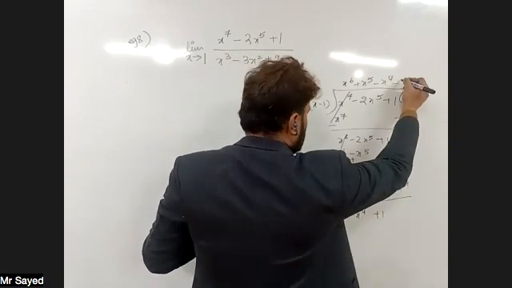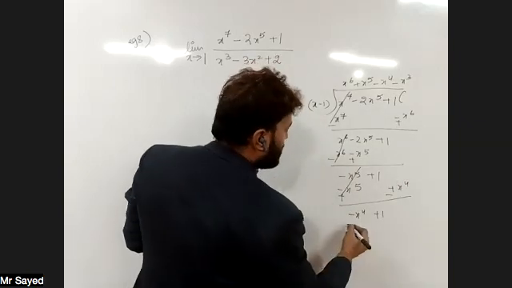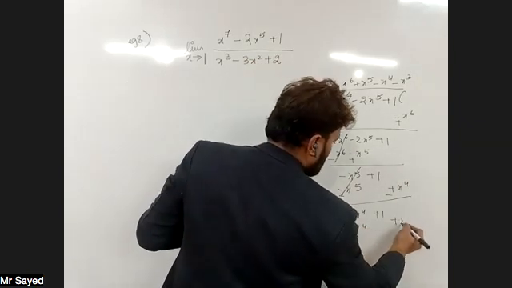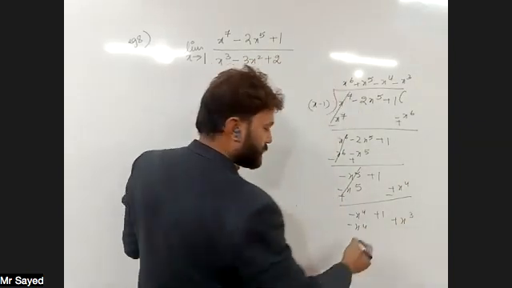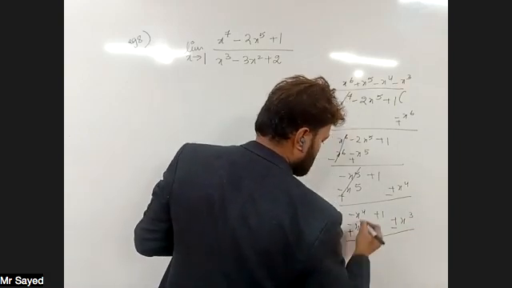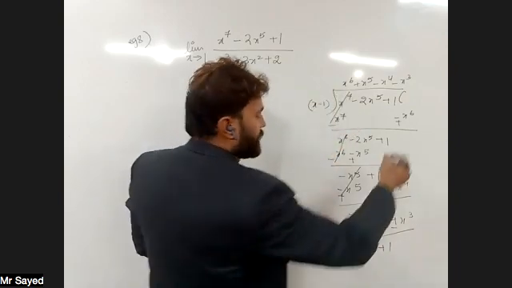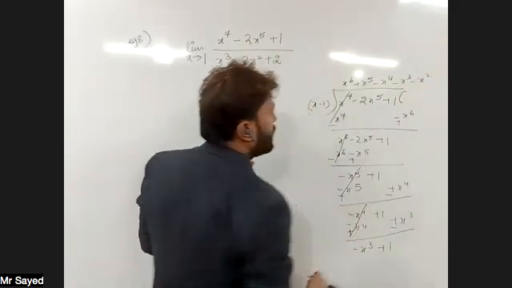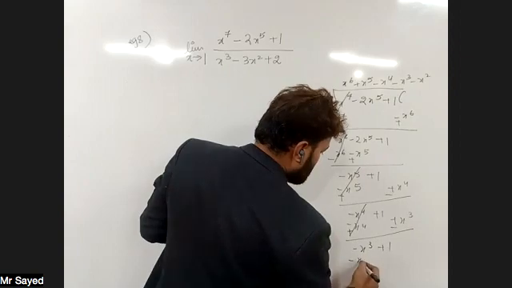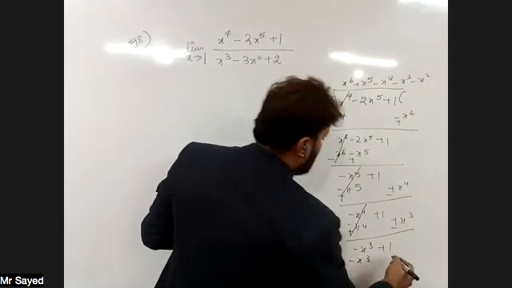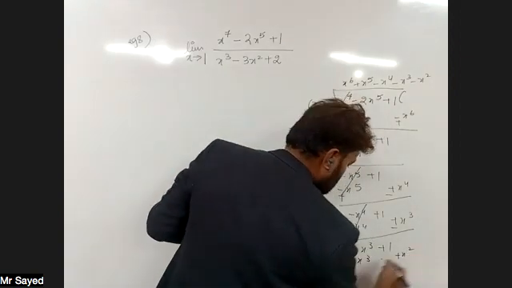Now we need minus x cube. So this will be minus x to the power 4 and plus x cube. Minus x cube plus 1. So now we need minus x square. So this will be minus x cube and plus x square.